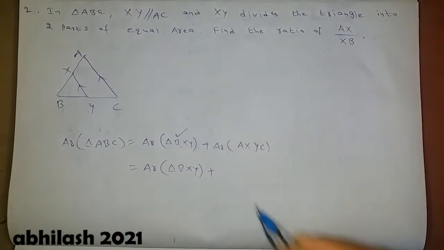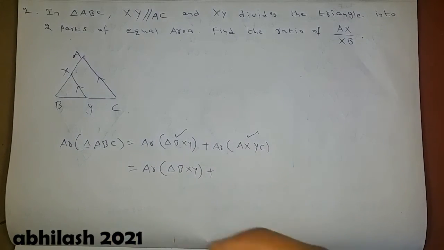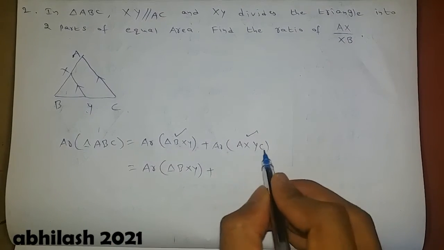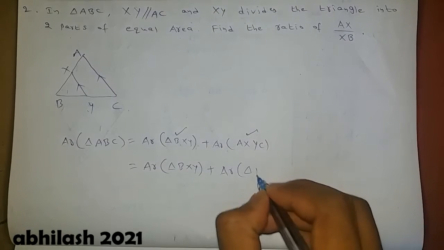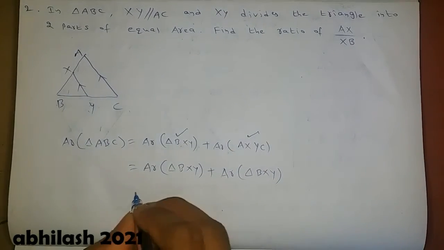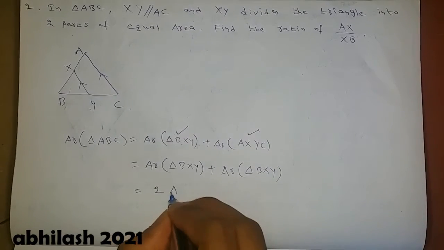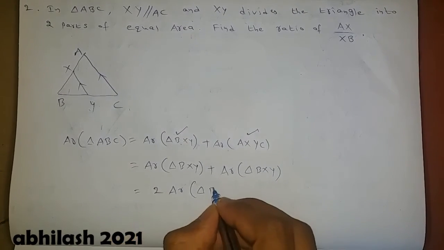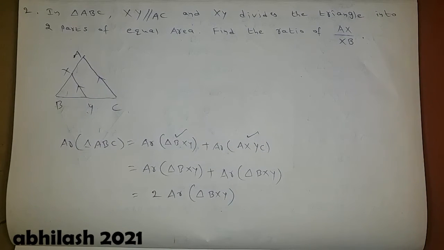It means this BXY area as well as this AXYC area, both areas are equal to each other. So in the place of AXYC also I will substitute the area of triangle BXY. So now area of triangle BXY plus area of triangle BXY is nothing but 2 times the area of triangle BXY.